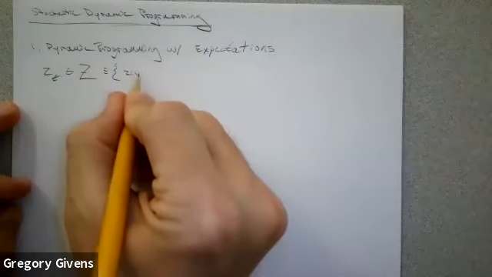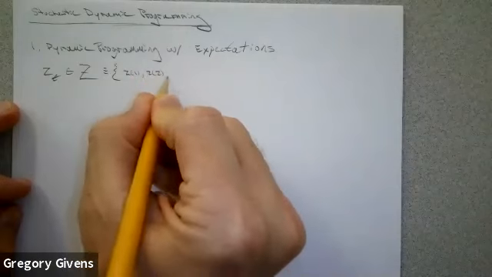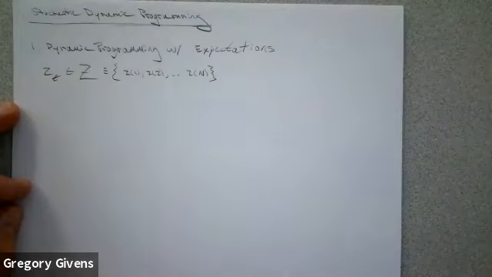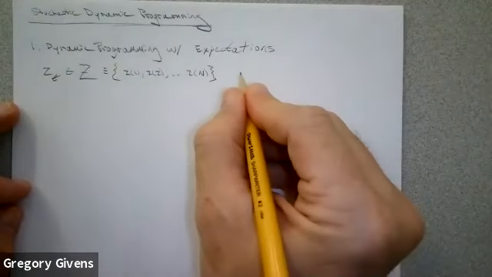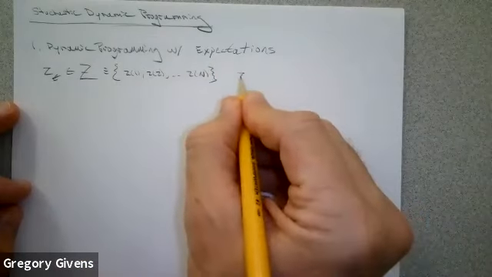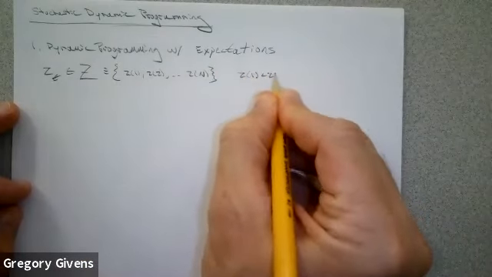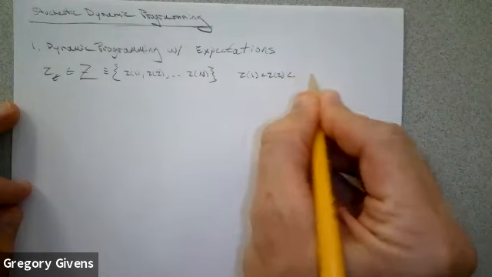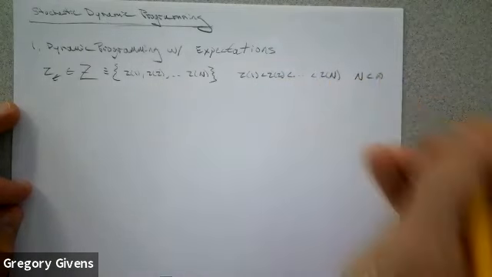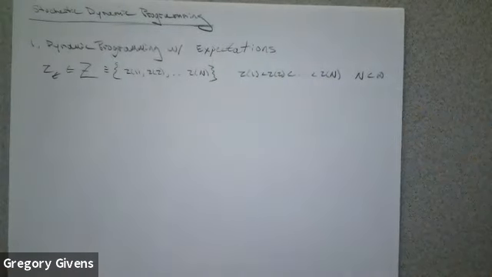Let's call it z_1, z_2, all the way to some z_N, where these are written in ascending order, right? So z_1 is less than z_2 is less than z_N, and N is finite. Okay, that's important.